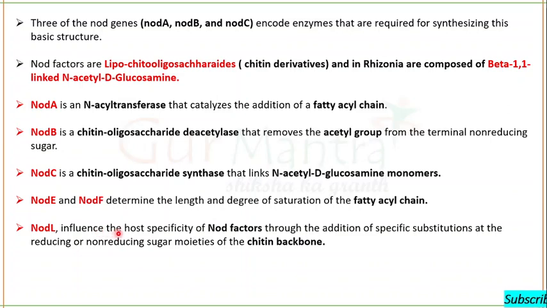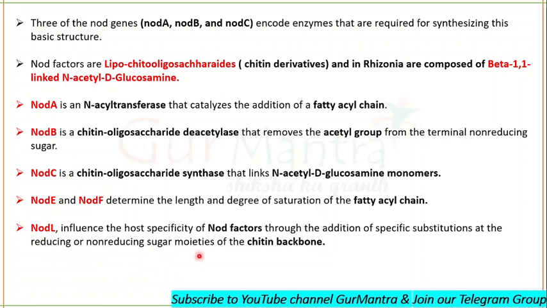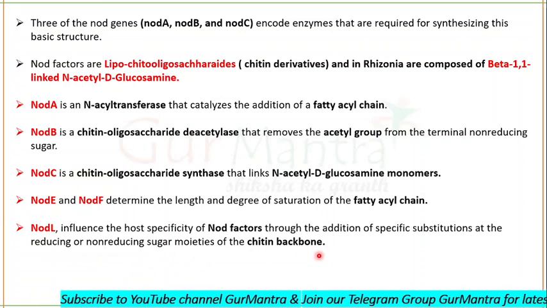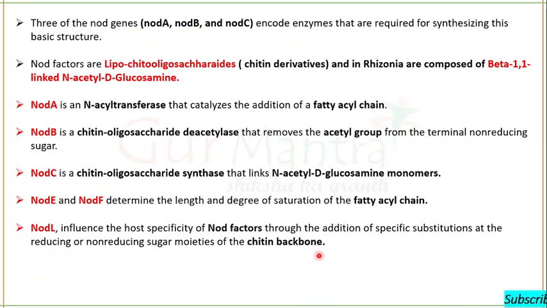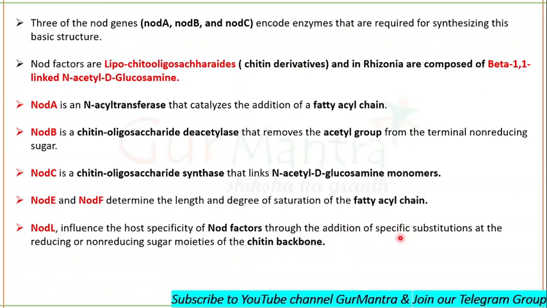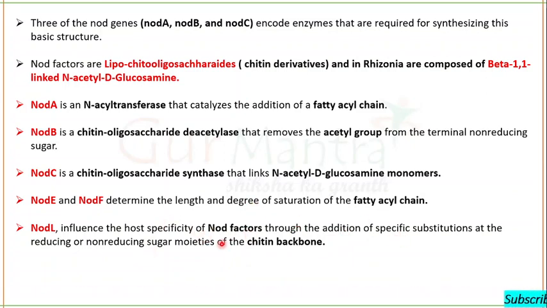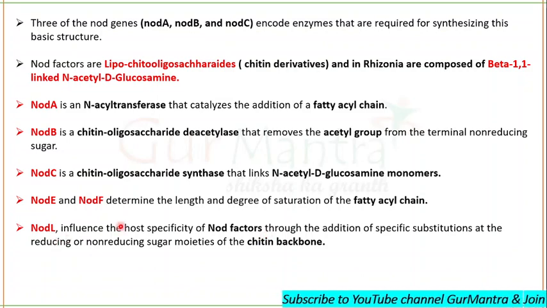They add specific substitutions to the non-reducing or reducing sugar moieties of the chitin backbone, and these substitutions change the host specificity of Nod factors.